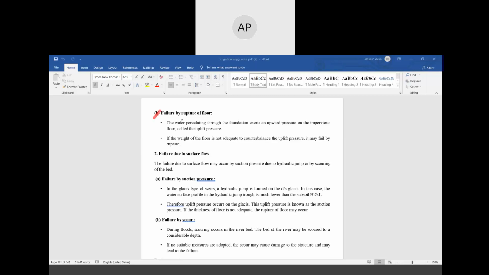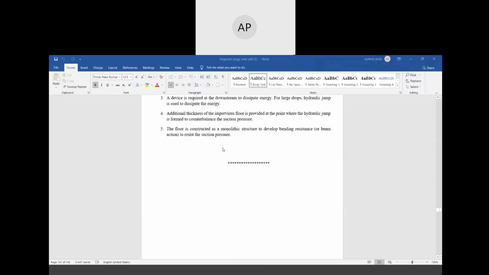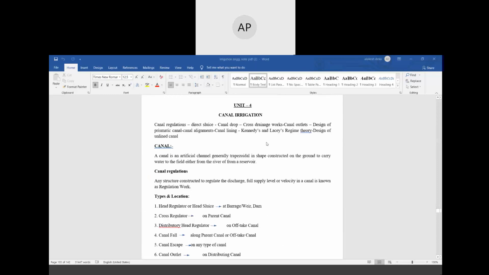The water percolating through the foundation exerts an upward pressure on the pervious floor called uplift pressure. Then failure due to surface flow, failure due to suction pressure, and failure by scour. So these are all the related failures, you can study them yourself. Okay.